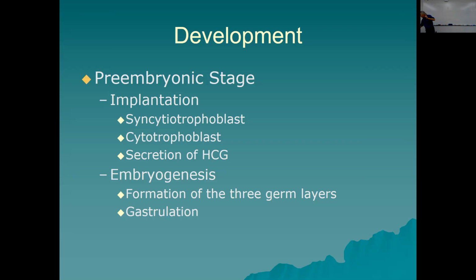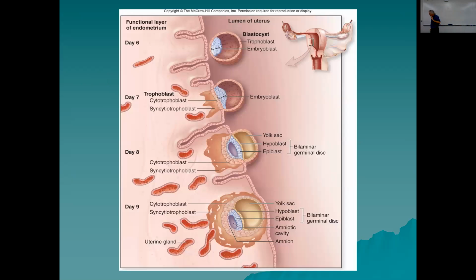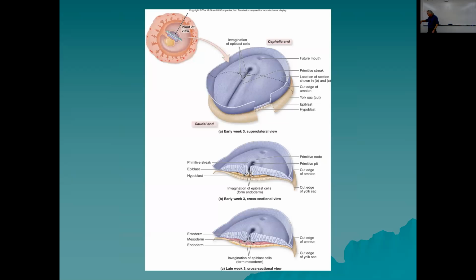And this is gastrulation. Well, first here is implantation. Here's the cytotrophoblast, the syncytial trophoblast. The syncytial trophoblast is making the new placenta. And here's the primitive streak. You look at a bird's eye view now, and you're going to have involution.